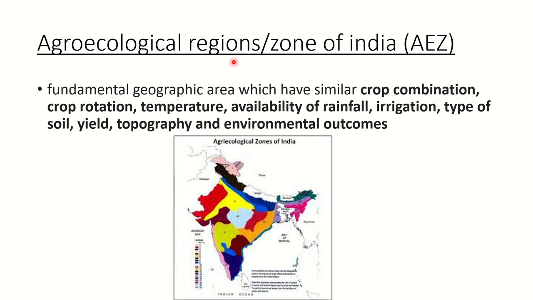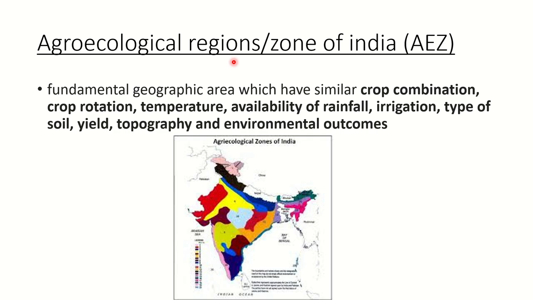For example, a farmer in a particular agroecological region can grow wheat, rice, and vegetables. That is known as crop combination.